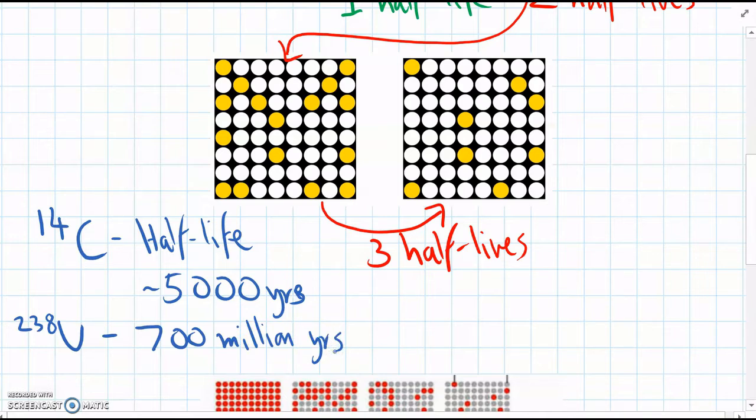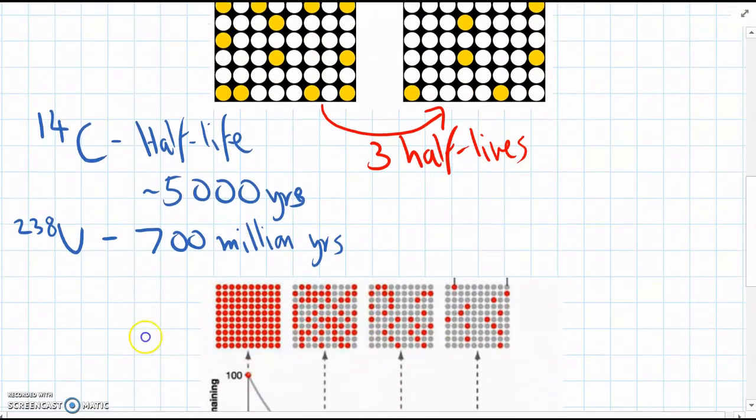And other isotopes have a half-life of just a few minutes, or some even a few seconds. And these ones in nature will need to be produced by something like rays coming from the sun, because they'll break down and decay within a few seconds.